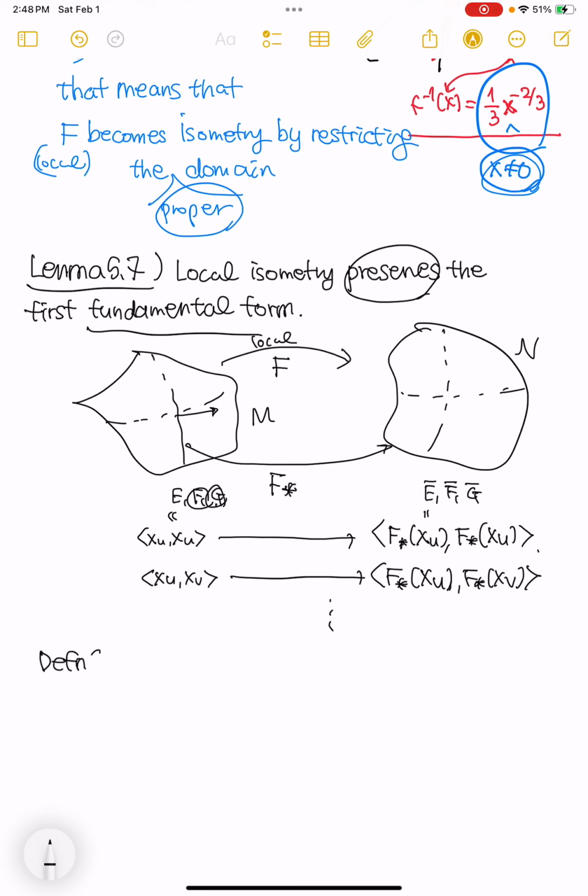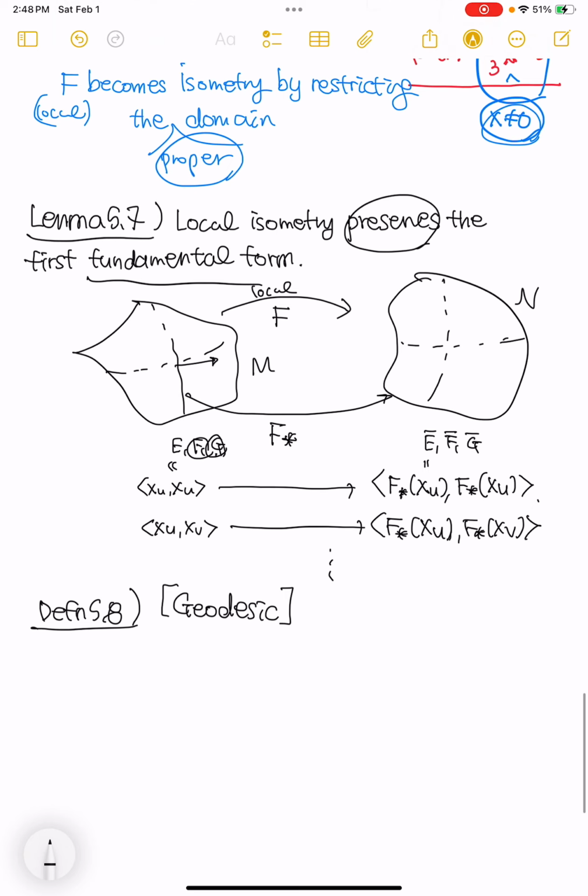So see the definition of geodesic. The definition of geodesic is that we consider a curve alpha and its tangent vector, and if we differentiate alpha prime, we get alpha double prime.